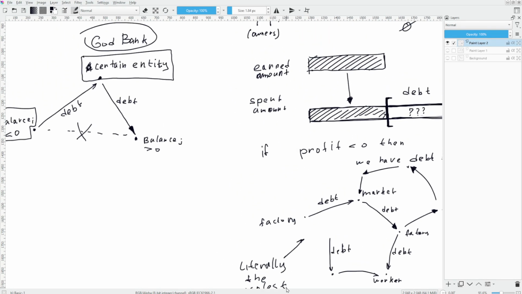Tracking all these debt relationships and somehow updating the simulation is expensive. On the scale of Alice, it's impossible to do it in a really performant way.